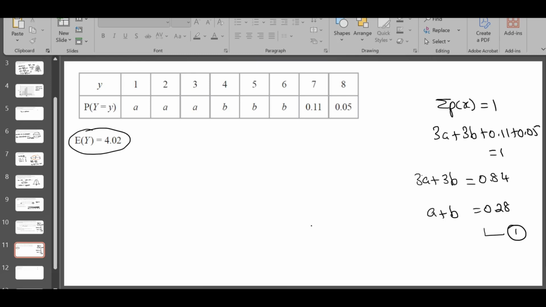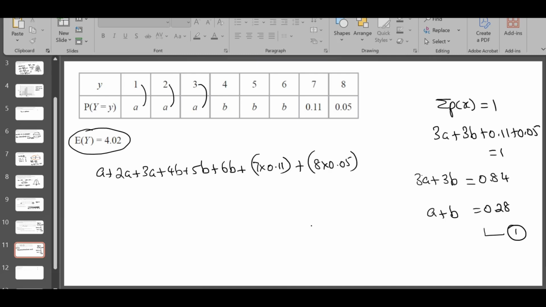How do we find E of y? Y times P of y, right? And sum up. So a plus 2a plus 3a plus 4b plus 5b plus 6b plus 7 times 0.11 plus 8 times 0.05. This is E of y, but it's given as 4.02.